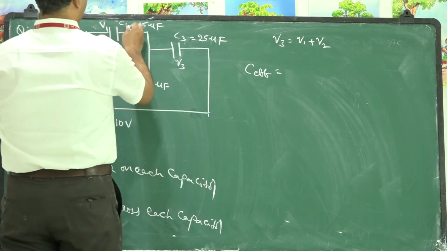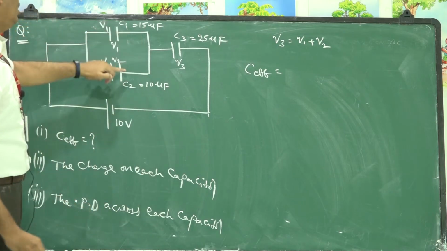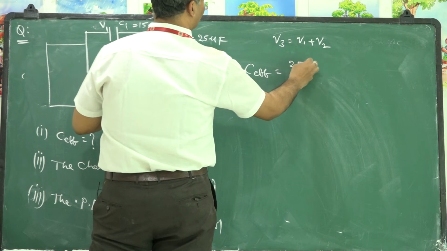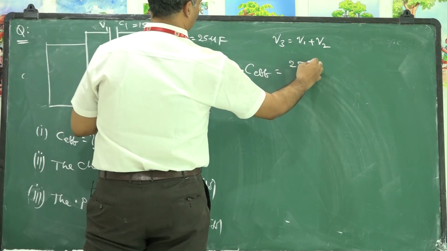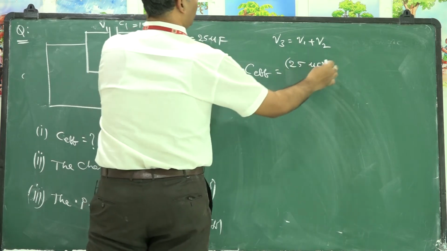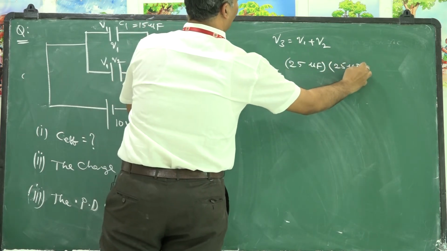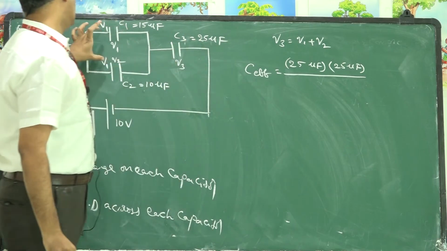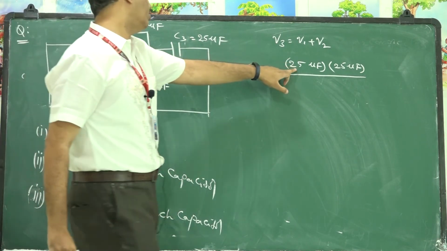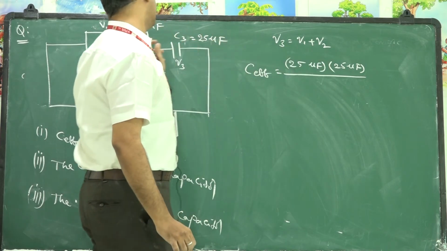For this combination, as they are in parallel, 15 plus 10. 25 microfarad is the effective capacitance for this combination. Already here one more 25 is there.